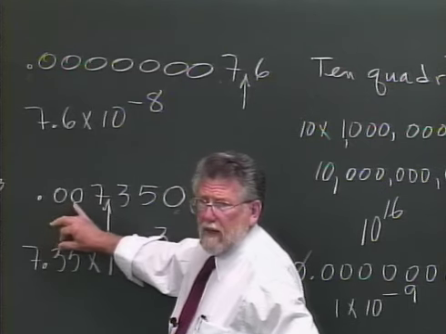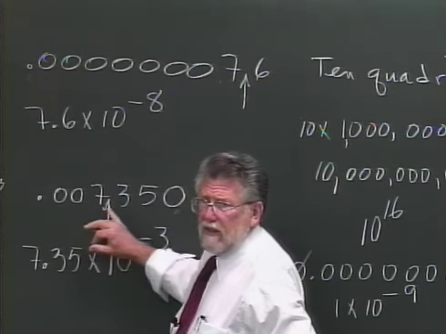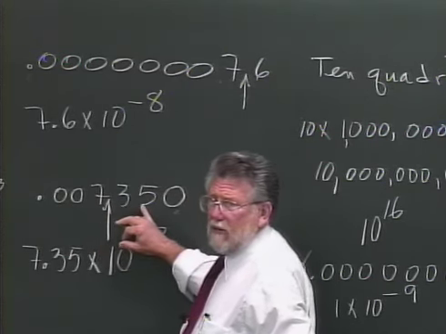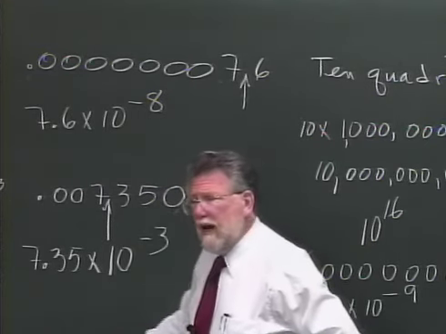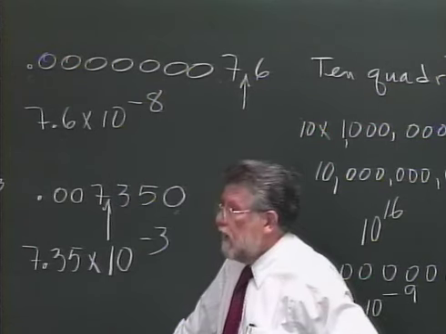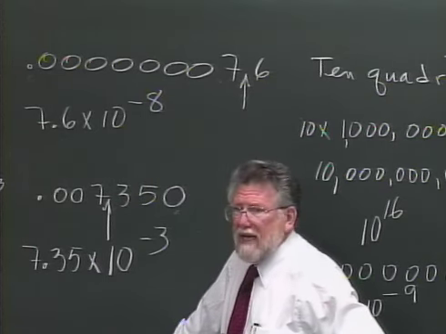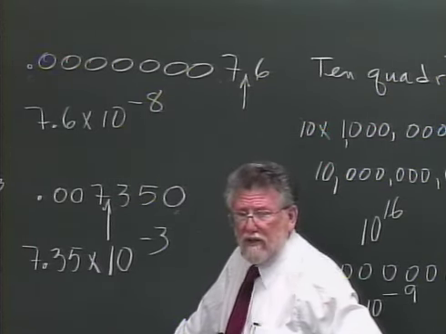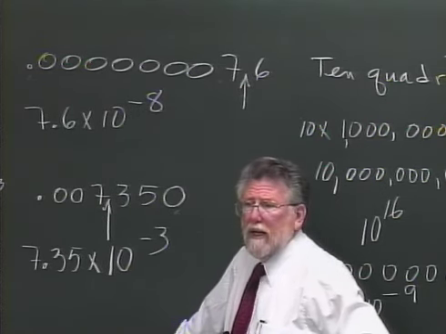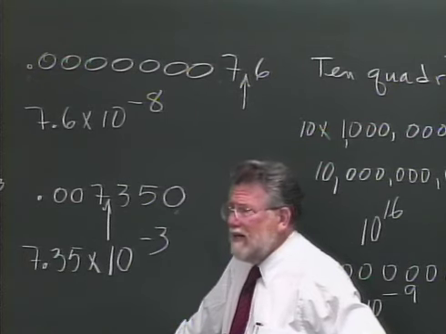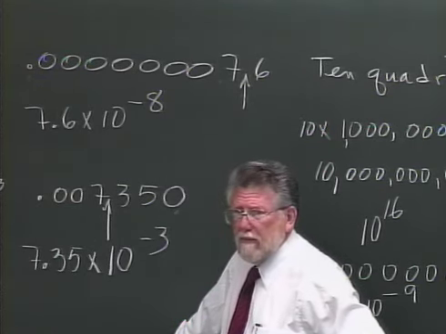Tenths, hundredths, thousandths, 10,000ths, 100,000ths, millionths. Now the question, if I round something off to the nearest millionth, I might want that 0 because that's a measurement I made, and that's what it is, precisely to the nearest millionth.